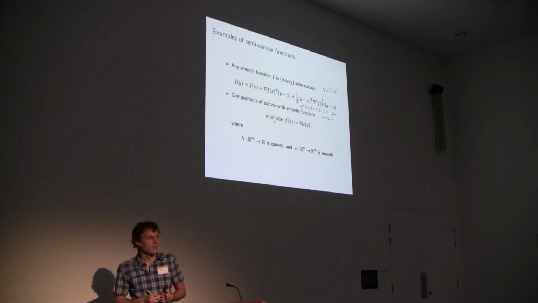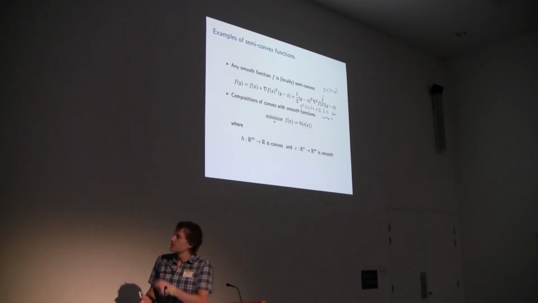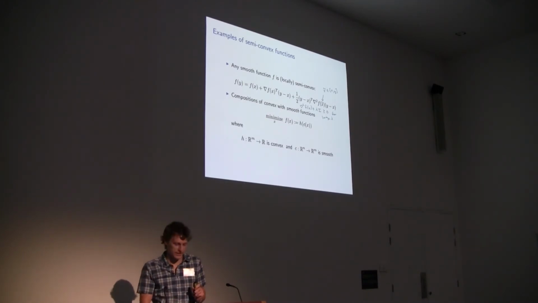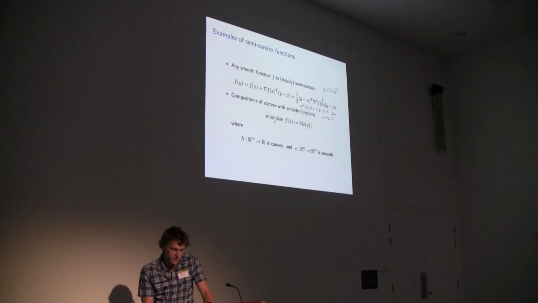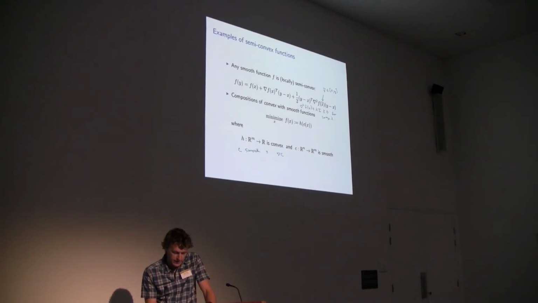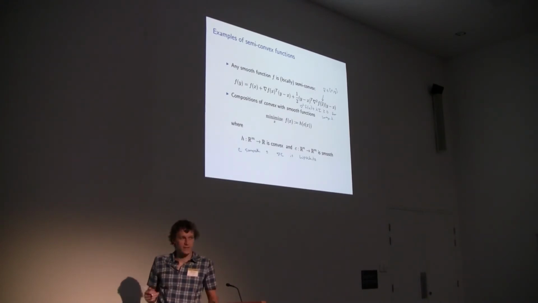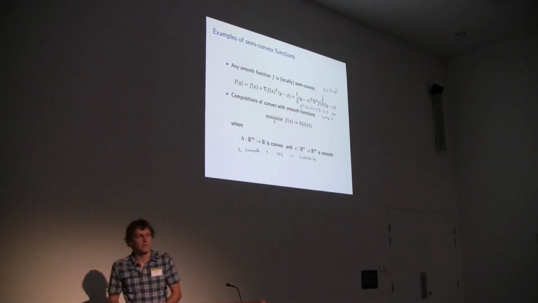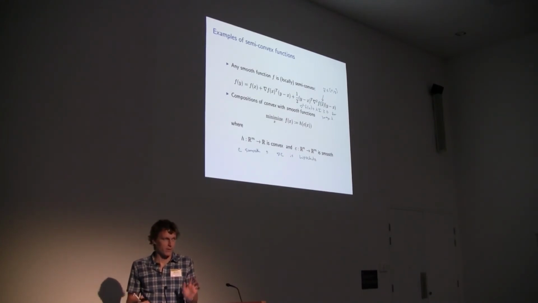So I can compose a smooth function with a convex function, and I'm going to get a semi-convex function. When I say smooth, I mean that c is smooth is equivalent to the gradient of c being a Lipschitz function. I'm not going to prove to you that these are semi-convex, but I'm going to talk about a lot of nice things that we can do with them.